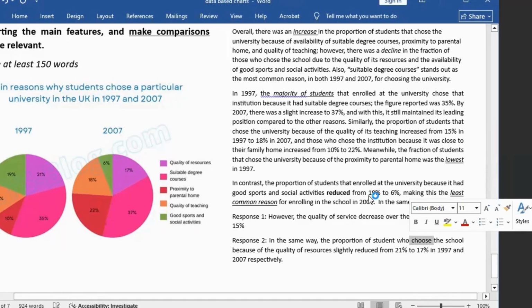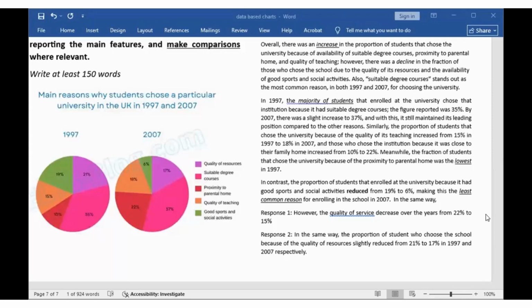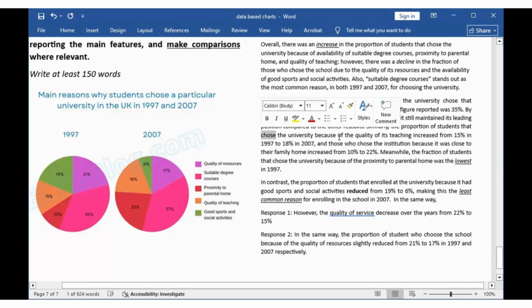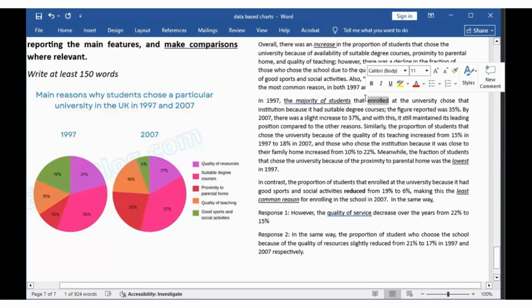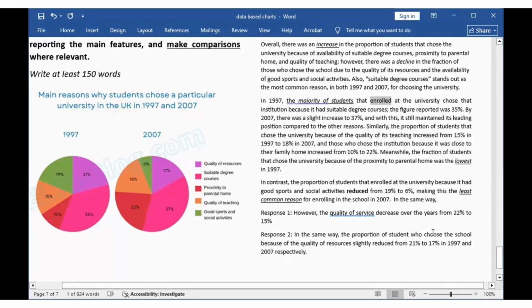Notice I used enrolled. Past tense. Chose. Past tense. These are little mistakes that will result in low marks. I did not say choose. Choose is present tense. So you cannot say choose.